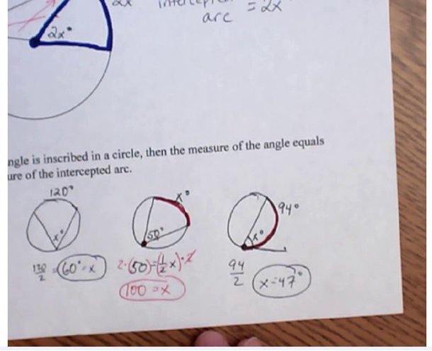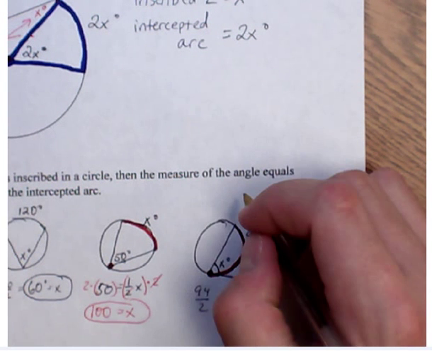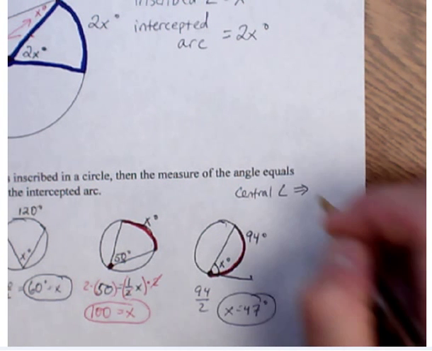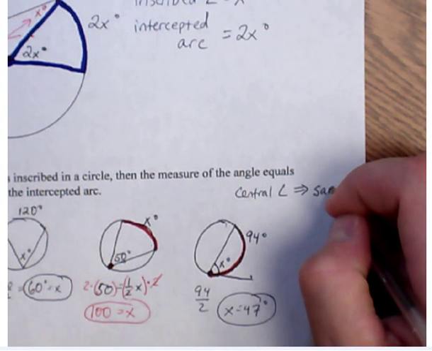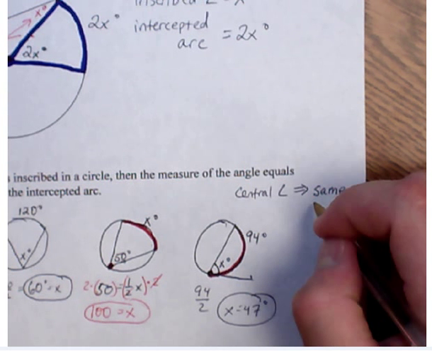Okay, so let's summarize what we know here. Yesterday we talked about if you have a central angle, then the arc measure is the same. Central angle is the same as the arc.